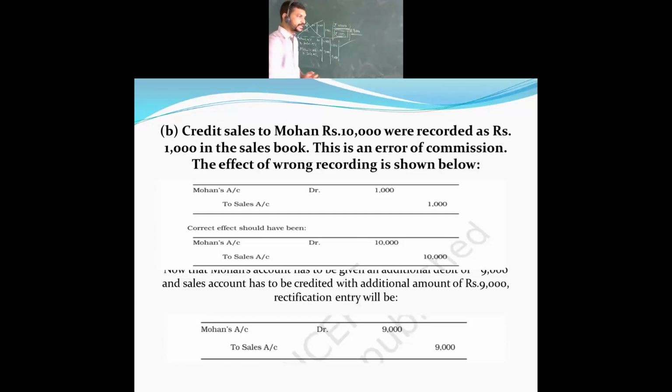Then now you are seeing error of commission. What entry has gone wrong over here? The amount entry. This is what the correct entry should be, but you have done this. This is wrong. Now for this correction you have to make this. How much? 9,000. You have to pass it as a journal entry.